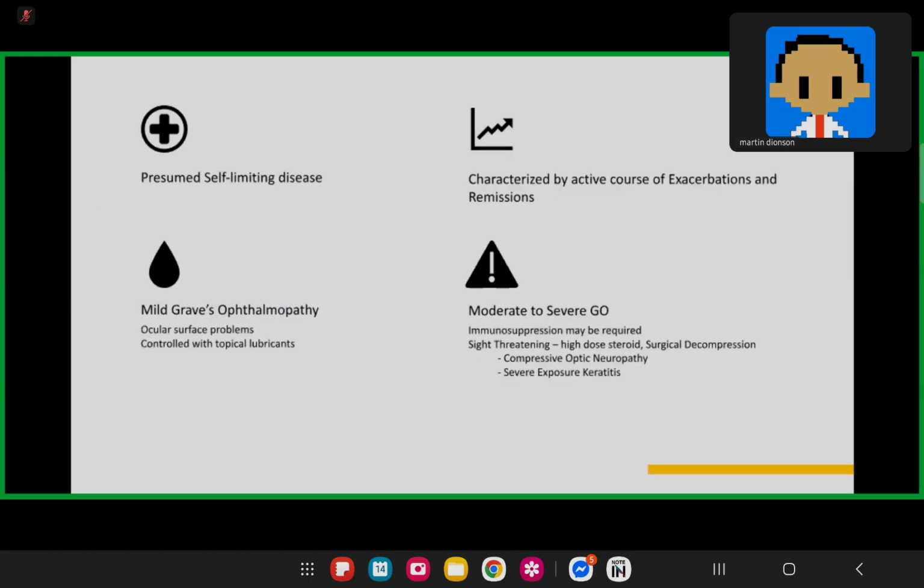In some cases, although patients have thyroid abnormality, this can still be a self-limiting disease. So for mild Graves' ophthalmopathy, you would often just have ocular surface problems, so we can lubricate the patients with artificial tears. There's also a time where, since it's autoimmune, the disease can keep on recurring.